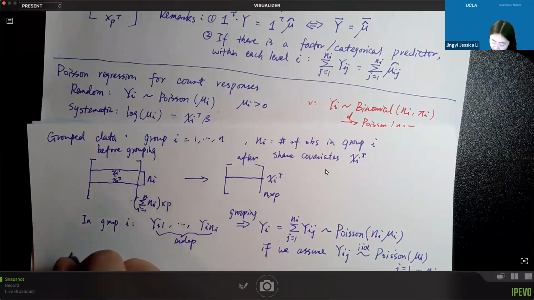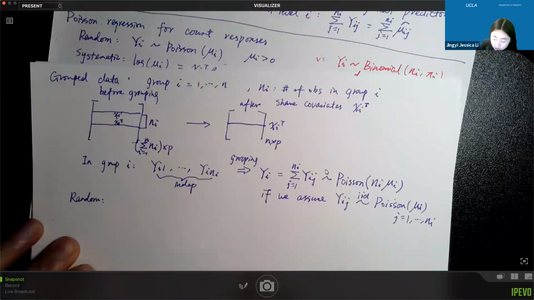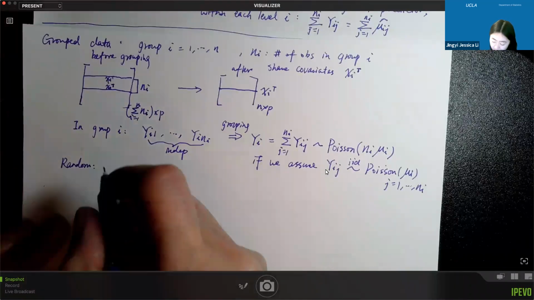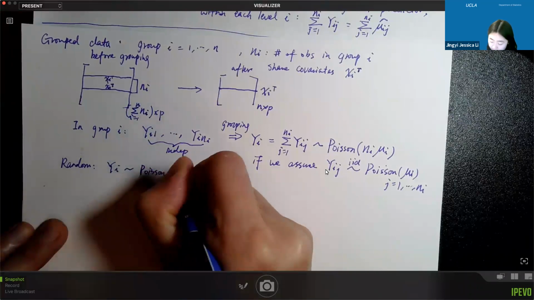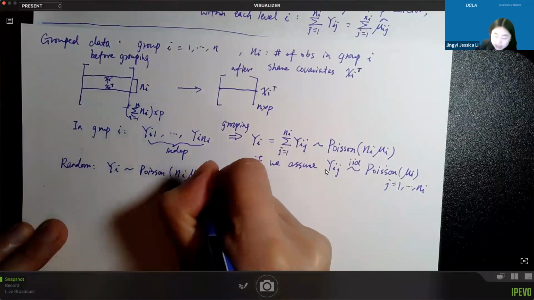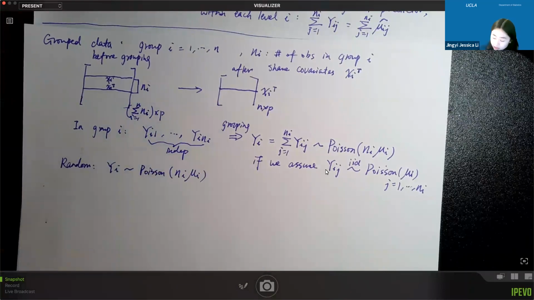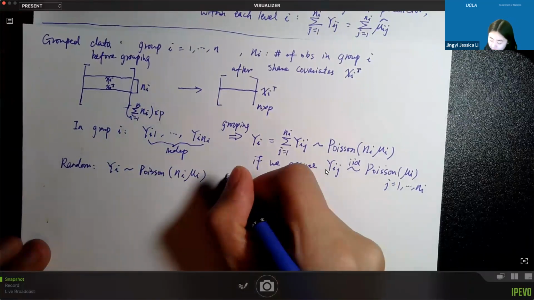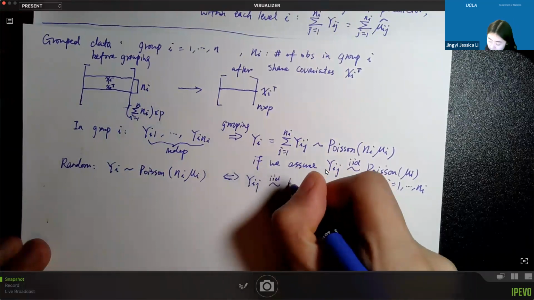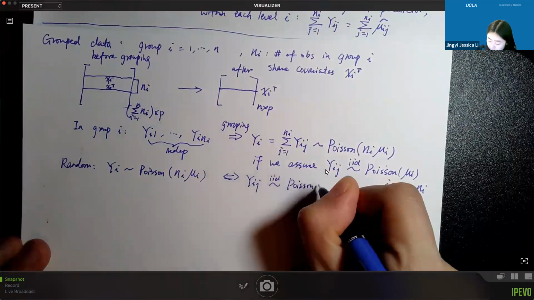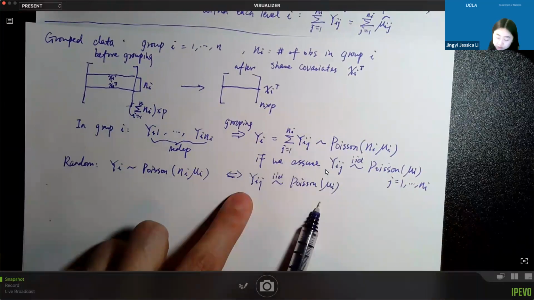Now I write it for the group data as y_i follows Poisson n_i times mu_i, and this is consistent with individual data.